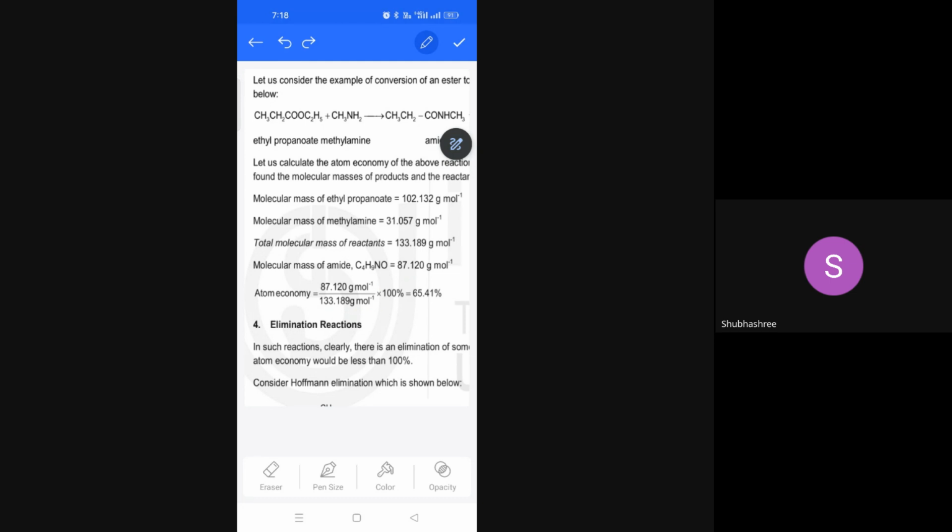I am not interested in telling that now. Just remember one thing: whenever many products, two or three products, are obtained, the atom economy will definitely decrease from the 100 value. Similarly, in the case of an elimination reaction, the atom economy will decrease from the 100 value.